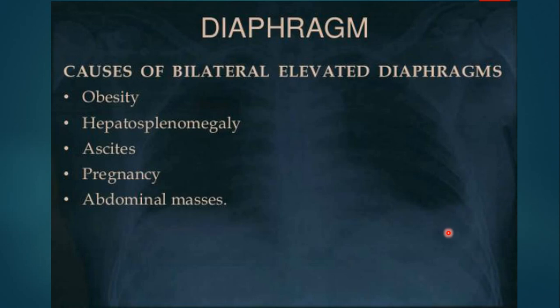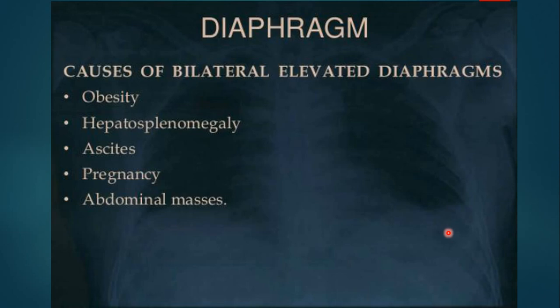So, what are the causes of a bilaterally elevated diaphragm? Both the right and the left are elevated. The most common cause by far is obesity, which causes elevation of both hemidiaphragms. Also hepatosplenomegaly, ascites, pregnancy, and abdominal masses.